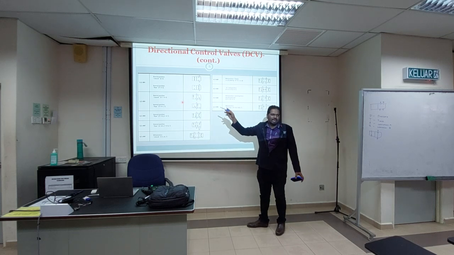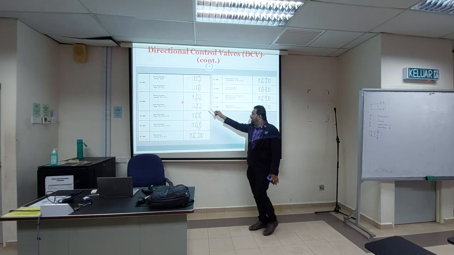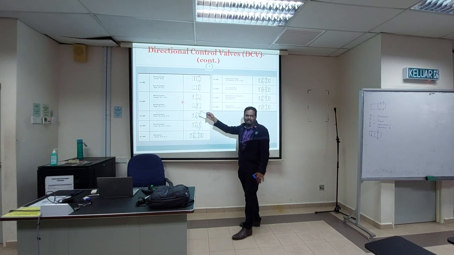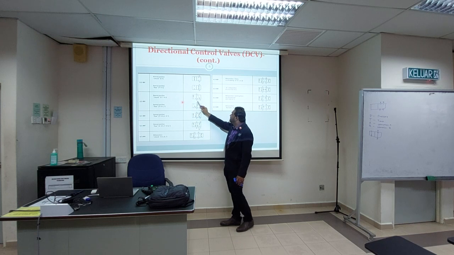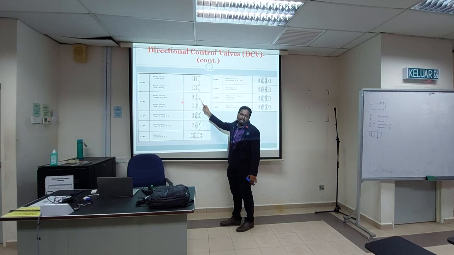So kadang-kadang dia slide ni sebab bukan saya yang buat. So dia macam tak tahu dia dah ambil dari buku mana. So maybe pemahaman dari buku tu dia different. Okay, so boleh tengok. Okay, so the direction ni adalah dari port A ke tank. So meaning udara itu dia return balik. So that's one thing lah.